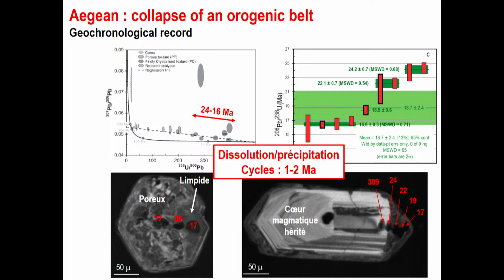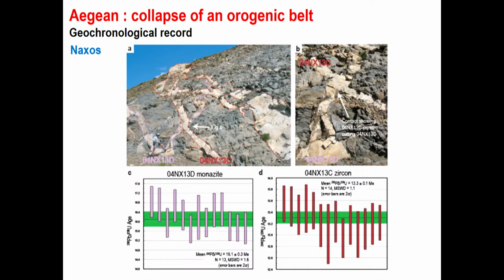But from that, we can gain that instead of having a single age of crystallization, we probably had several steps of dissolution precipitation, because this type of texture reflects dissolution precipitation in cycles of 1 to 2 million years. And you see that here the record is totally different.